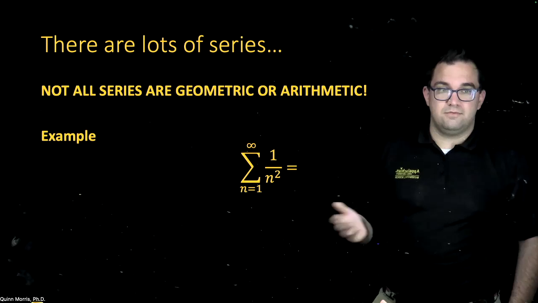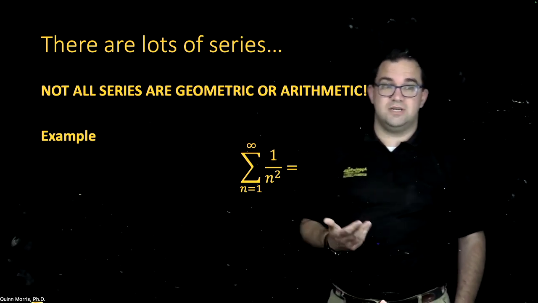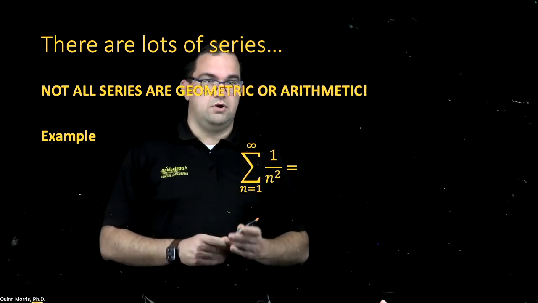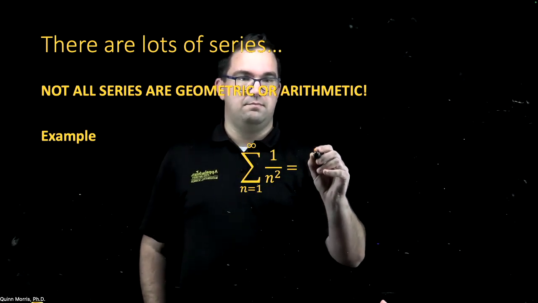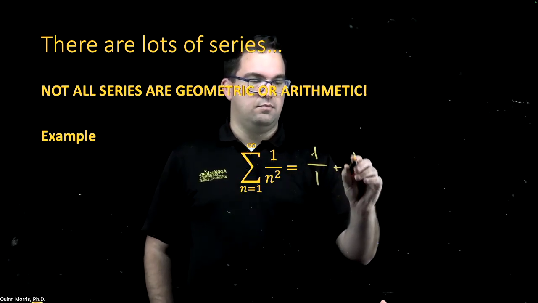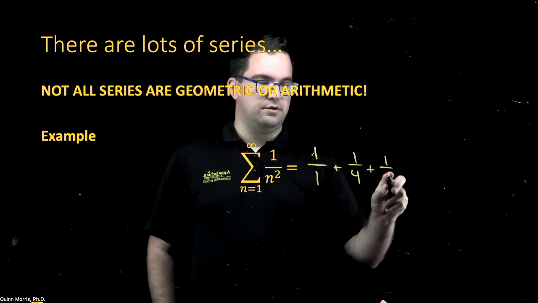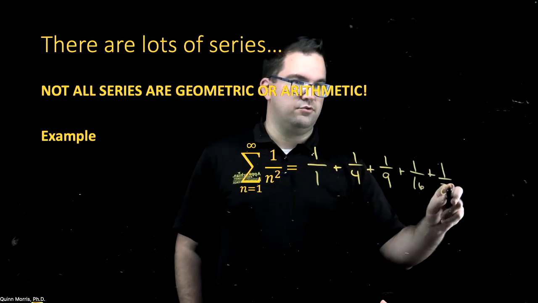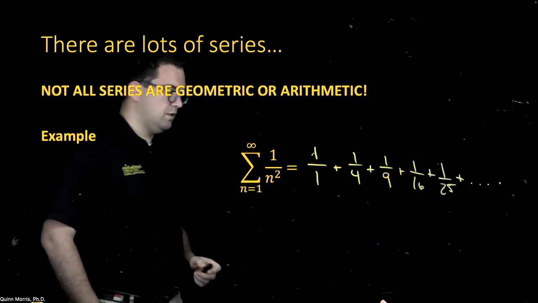But here's an example of a perfectly good series, which is neither geometric nor arithmetic. If we wanted to understand this, we could start writing out some values. This would be 1 over 1 squared, plus 1 over 2 squared, which is 4, plus 1 over 3 squared, that's 9, 1 over 16, 1 over 25, and so on and so on.